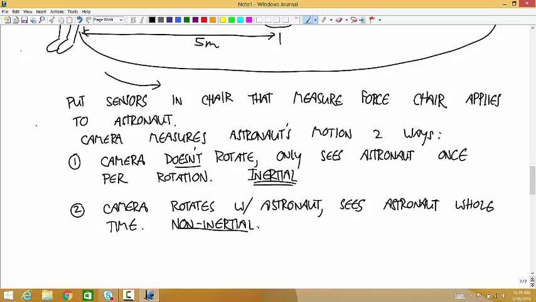Okay? So I want to just do a little thought experiment demonstration of why these two coordinate systems are not going to agree about the acceleration, and why the non-inertial coordinate system is going to give us false information if we try to use it in Newton's laws.